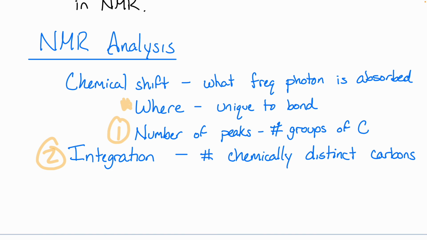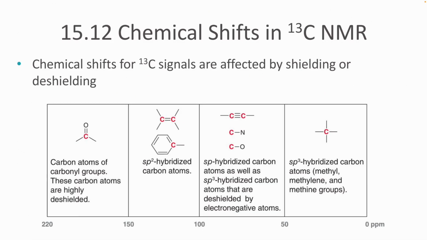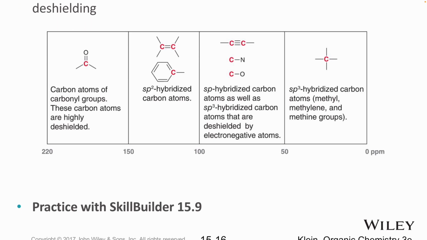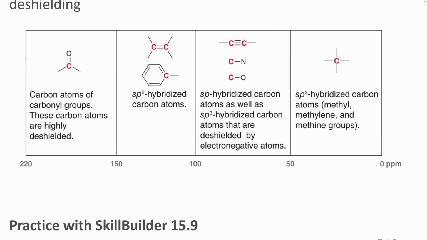You would be given something like that chart that I just showed as a reference in your lab manual or your lab textbook. My caution is don't get so hung up on that first step. Pay attention to the number of signals and your integration first, then figure out where they are on your chart. We'll do an example here in a second to hammer that home.